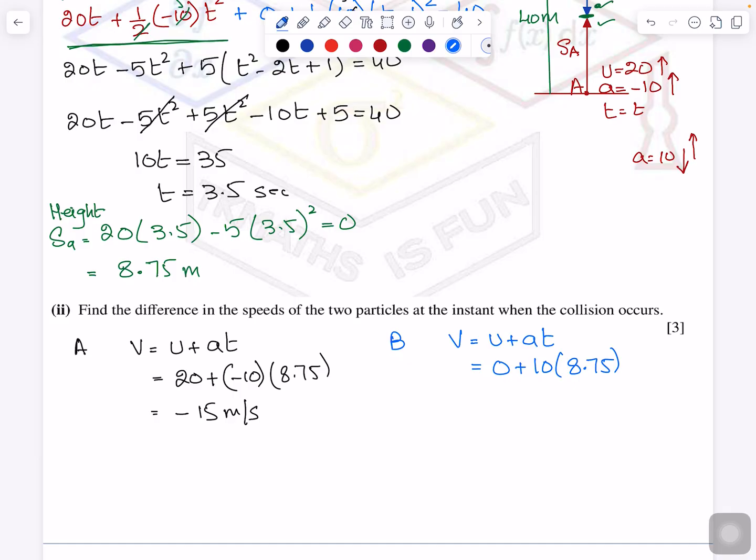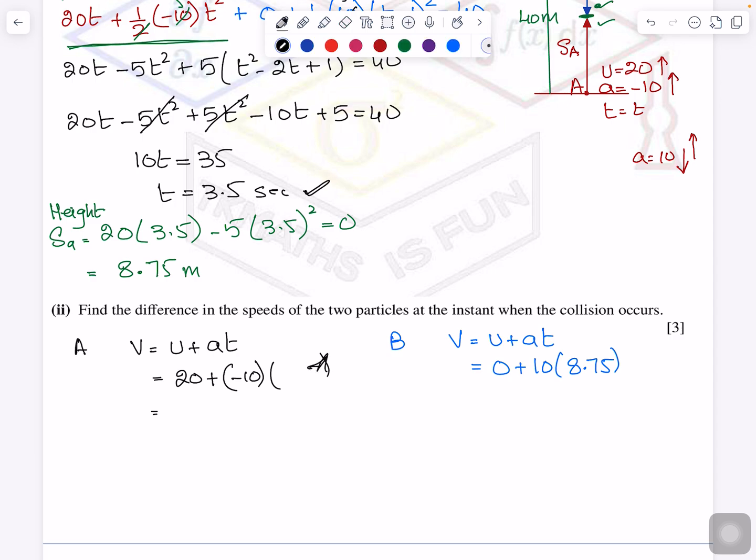Oh, sorry, it is not T, let me write correctly. I have made a mistake here also. T is actually 3.5. This was my mistake, sorry for that.